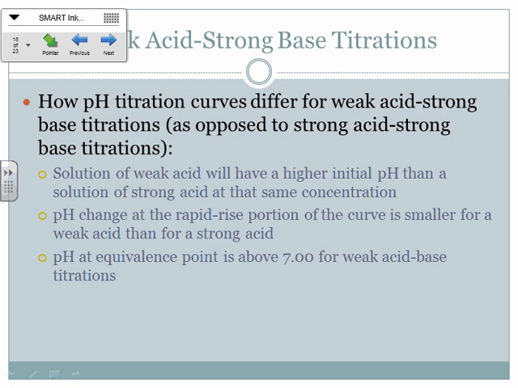The pH change at the rapid rise portion of the curve is going to be a lot smaller. So again, you're already starting high enough that that big spike in pH is not going to be as drastic for a weak acid strong base titration. And then the pH at the equivalence point is always going to be above 7 for a weak acid strong base titration.